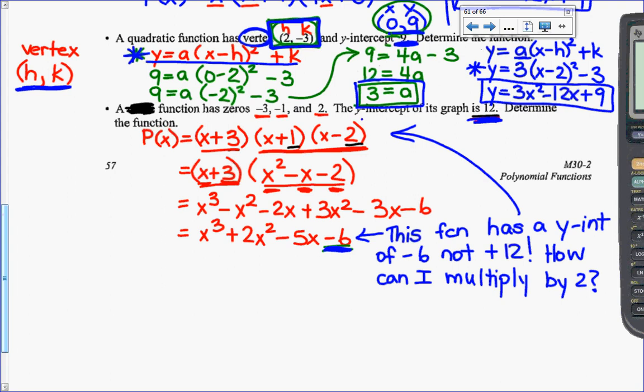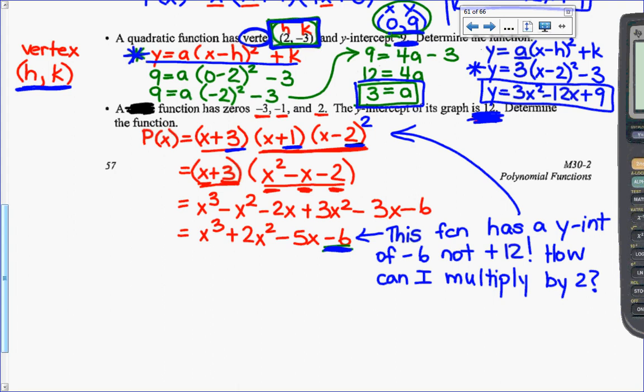What if I had multiplicity 2 on this factor? Then, when I multiply my constants, I've got positive 3 times positive 1, that's 3, times negative 2 squared, that's positive 4. So I've got 3 times positive 4. That's going to give me a y-intercept of positive 12, right?